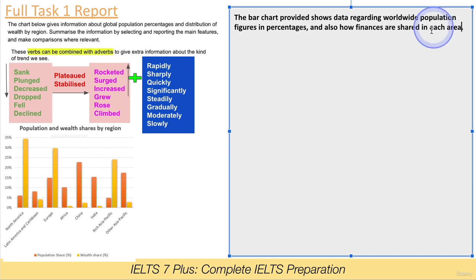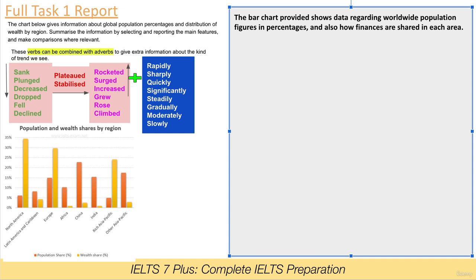Let's read this back. The bar chart provided shows data regarding worldwide population figures in percentages and also how finances are shared in each area. That's talking about the distribution of wealth by region.